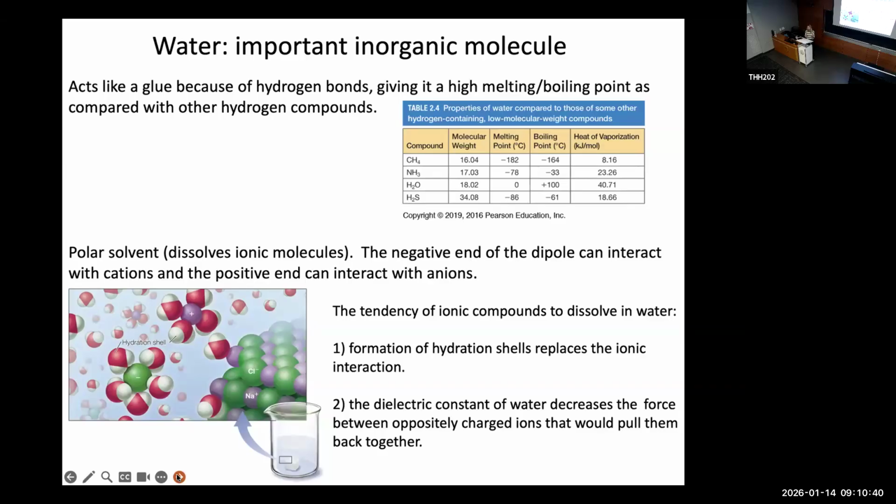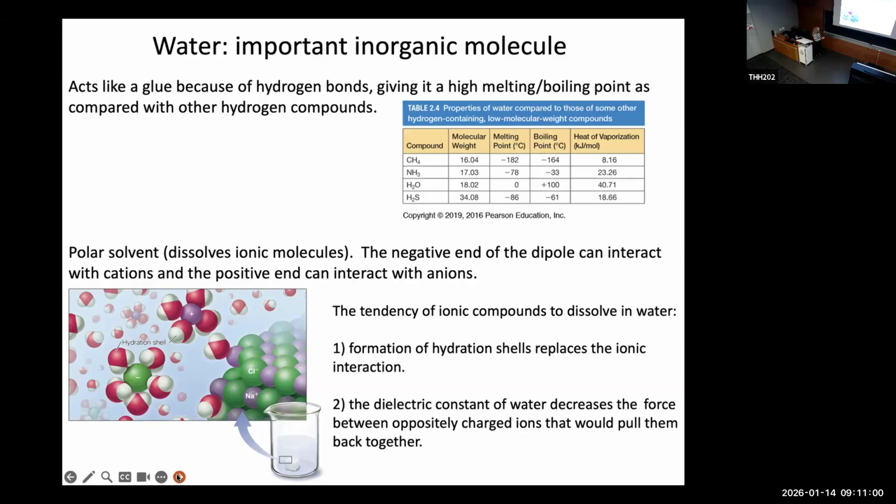So it likes to dissolve things that have and associate with things that are positively and negatively charged. And we sort of know this intrinsically. We know that water hides away from things like lipids, right? They form globules in the water, they don't dissolve, and things like salt do.